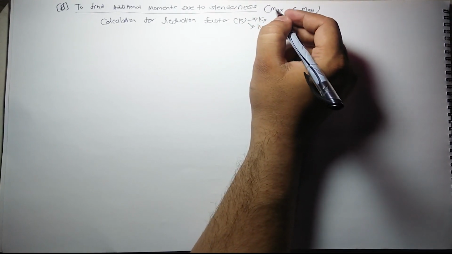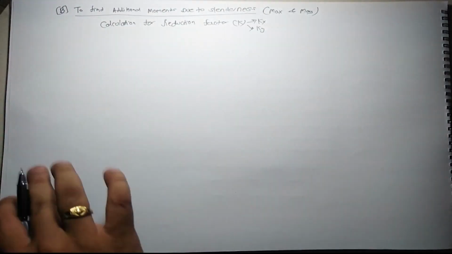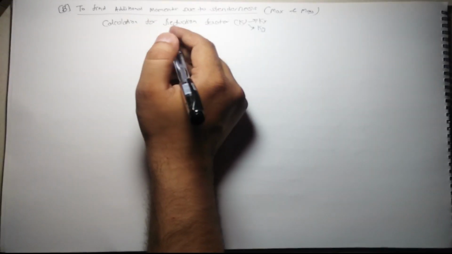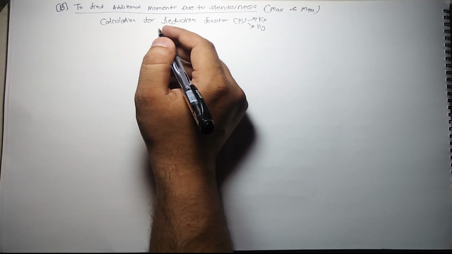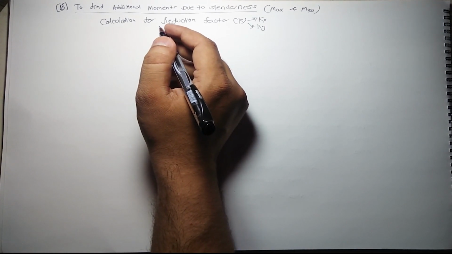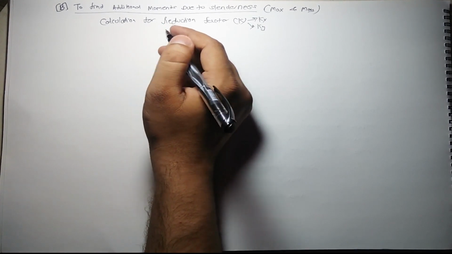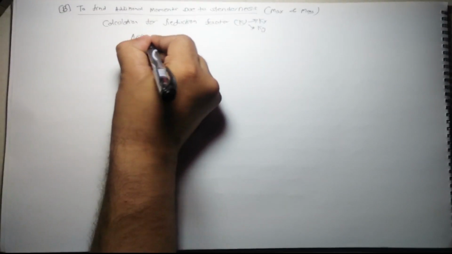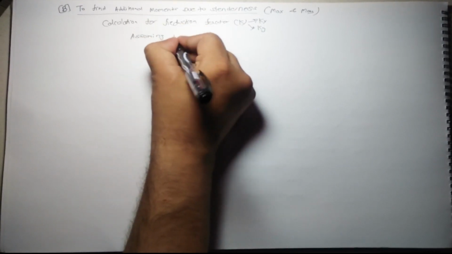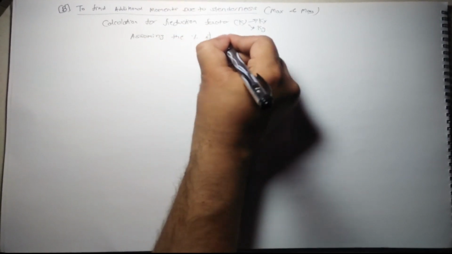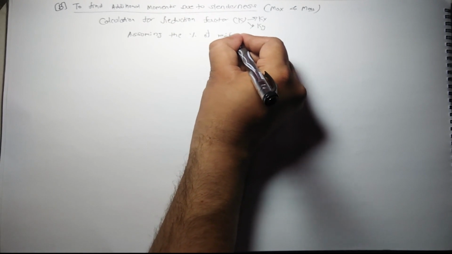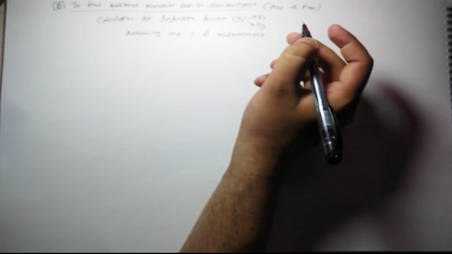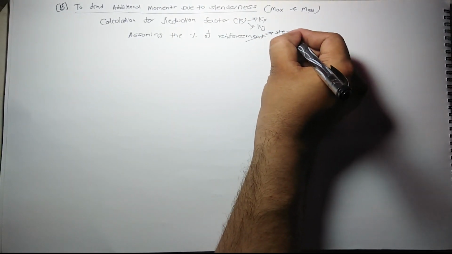Now a very important step is there, and that step is that we have to assume the percentage of steel for which the entire calculation is going. We have seen in the previous steps how to know the range for assuming the percentage of reinforcement as steel.